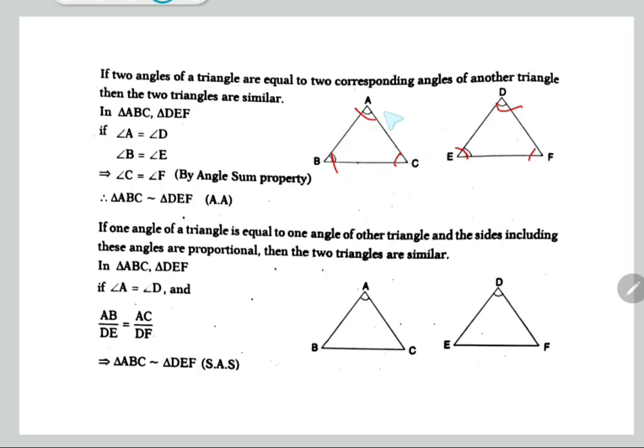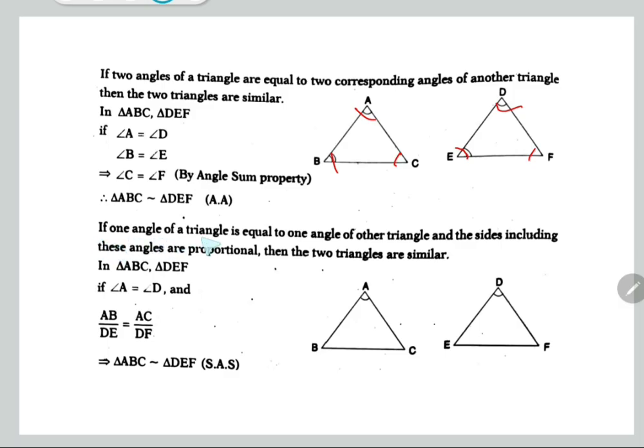The sum of angles in a triangle is equal to 180 degrees, so angle A plus angle B plus angle C equal to 180. So A and B equal D and E, automatically C is equal to F. Triangle ABC is similar to triangle DEF, by the angle rule.